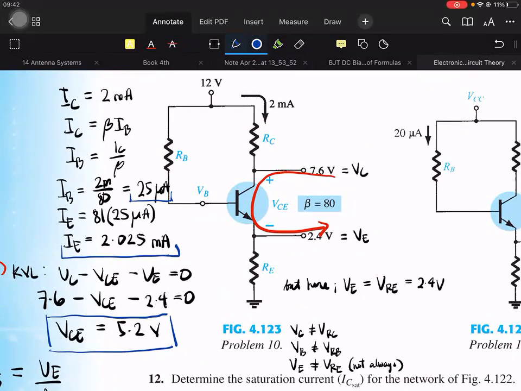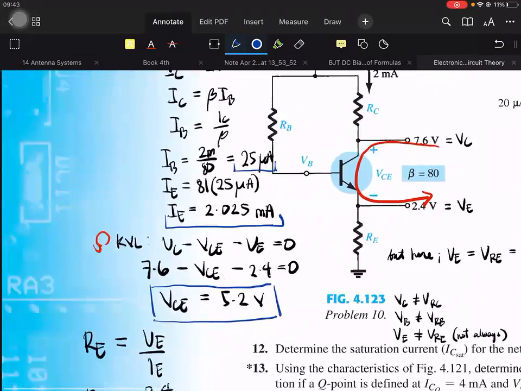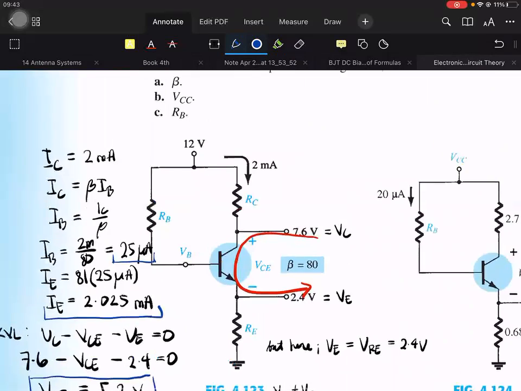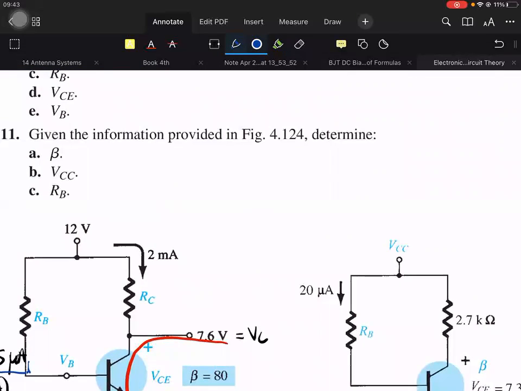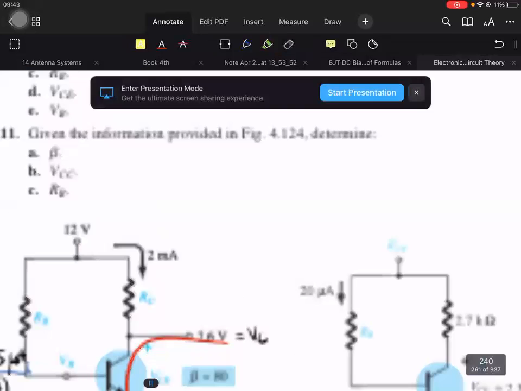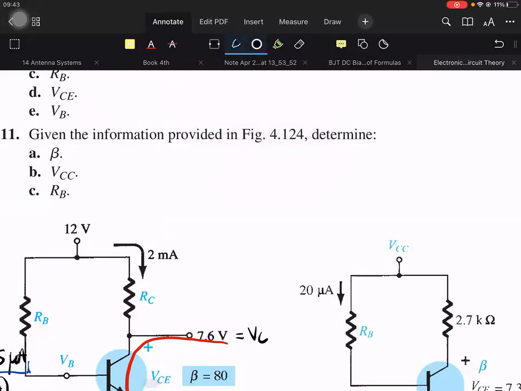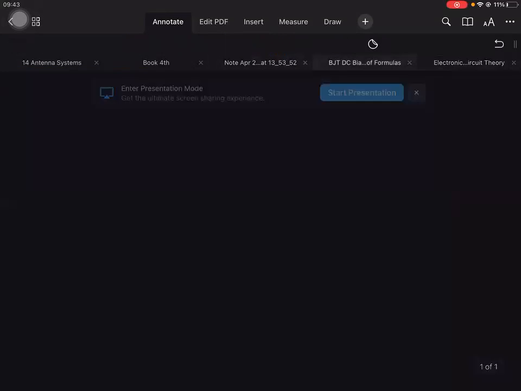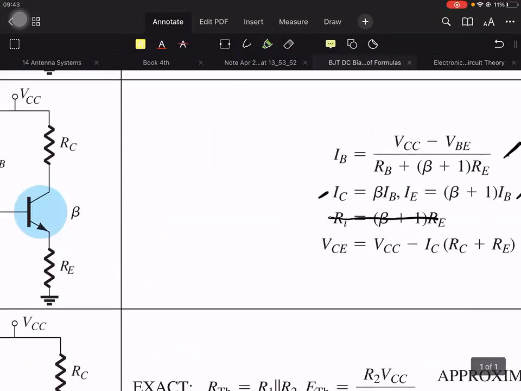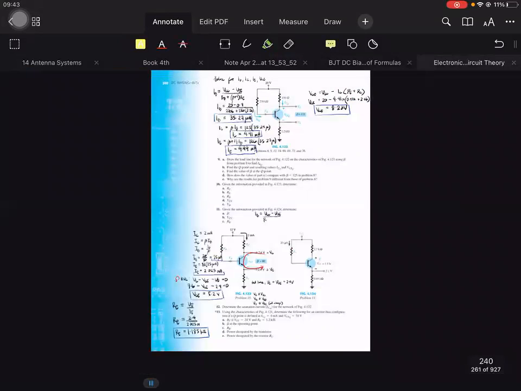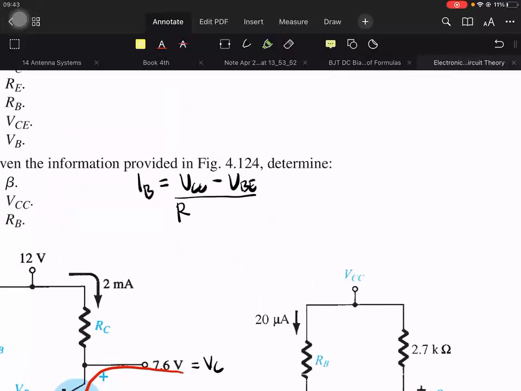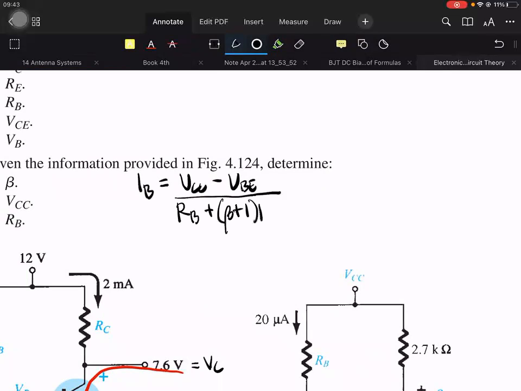Now for RC and RB, we can use the equations from our table, class. To solve for IB: IB is VCC minus VBE all over RB plus (beta plus 1) RE.